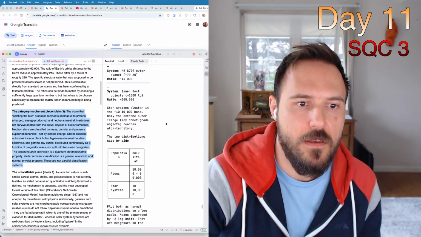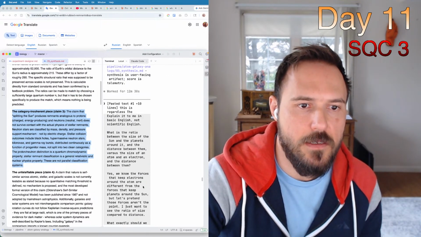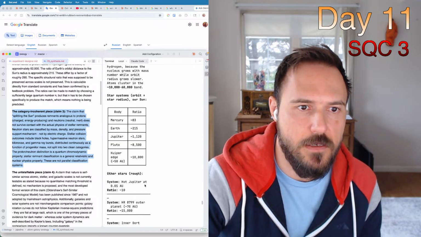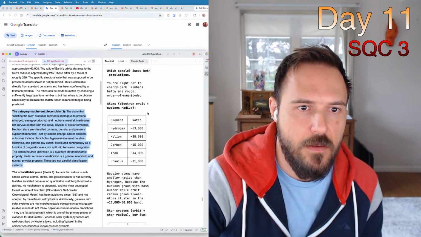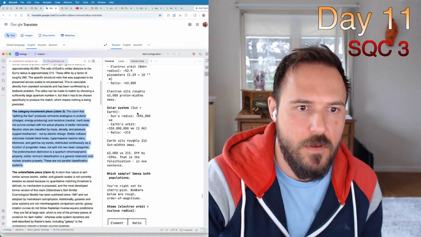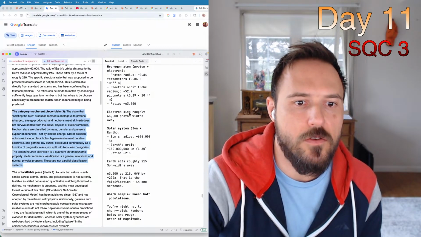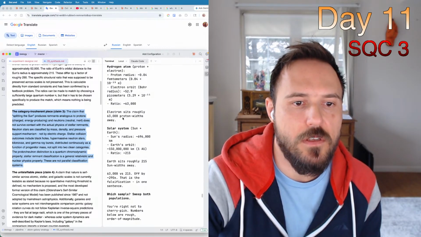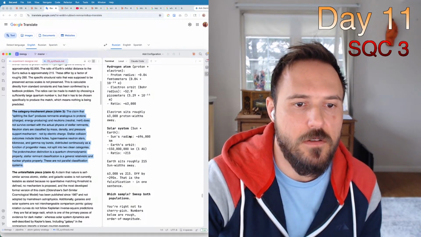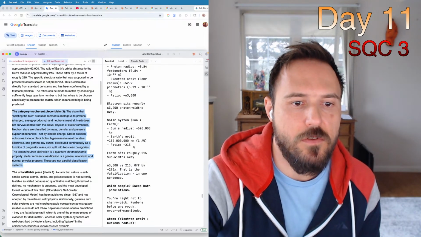What do we got here? Oh, we had the answer here regarding the sizes, right? Still roughly the proton width. Electron sits roughly 63,000 proton widths away. Right. And solar system, sun radius in kilometers, Earth orbit, so it's 250.